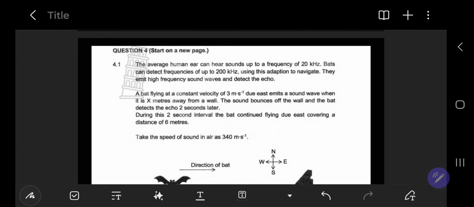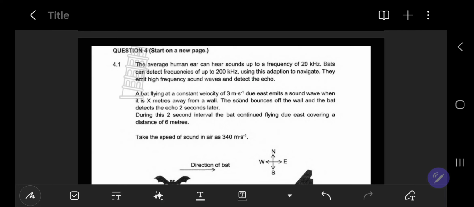The sound bounces off the wall and the bat detects the echo 2 seconds later. During this 2-second interval, the bat continued flying due east, covering a distance of 6 meters. Take the speed of sound in air as 340 meters per second. So it's really important that you read all of this information carefully because there's quite a bit given.